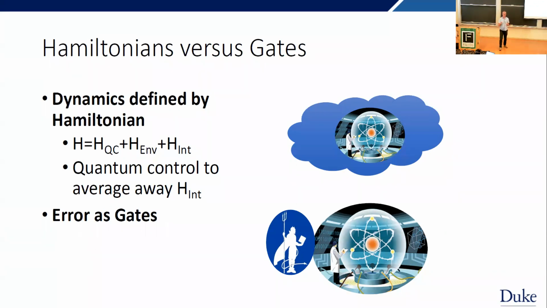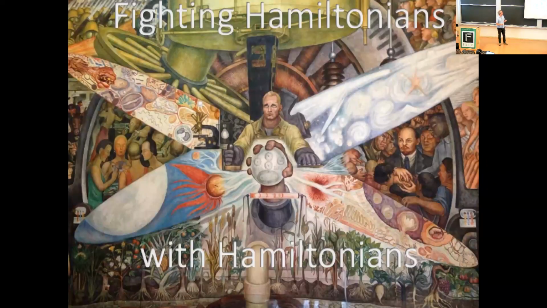And you're trying to do your gates, and the environment, here represented by the mascot of the Duke Library, a devil reading a book, is trying to do something else to your computer, okay? So today's talk is going to be from the Hamiltonian perspective, though lately I've been thinking a lot about the computer science perspective.